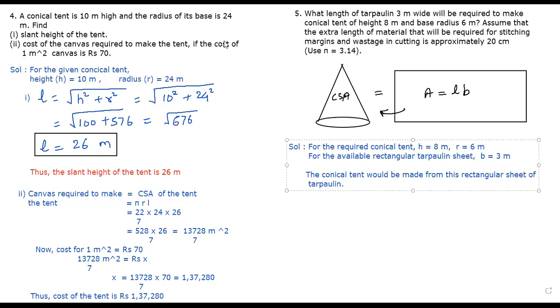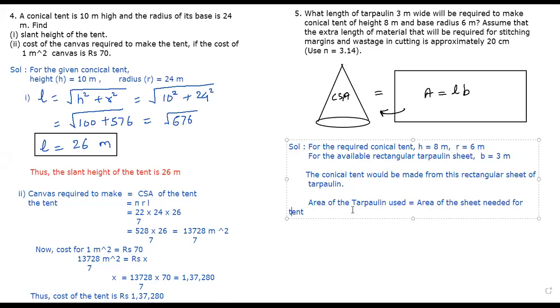See, area of the tarpaulin used would be equal to area of the sheet needed for tent.